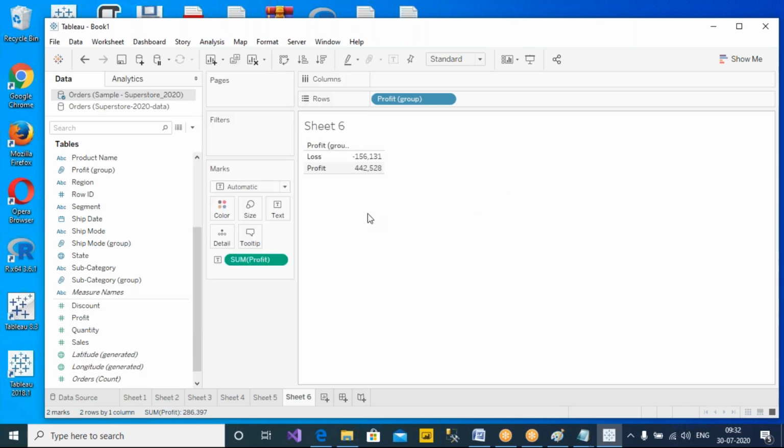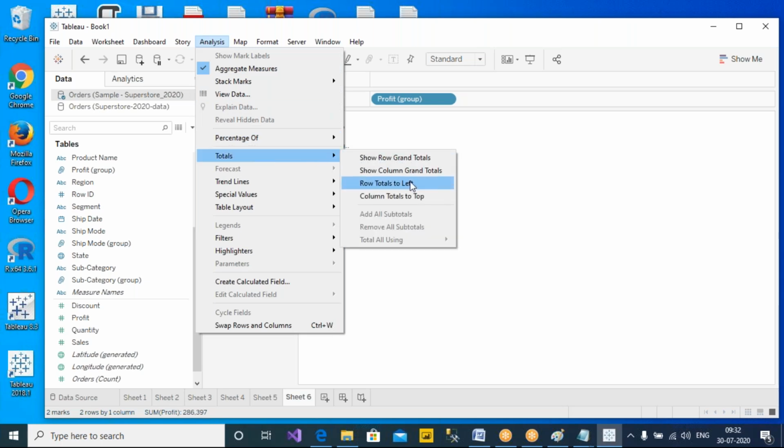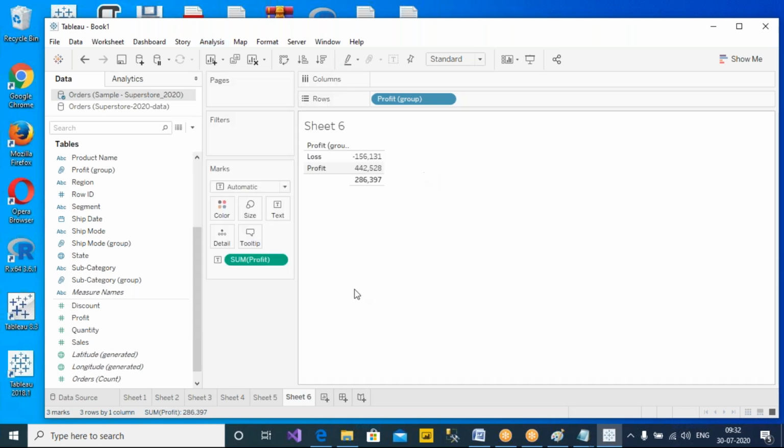The values are one below the other, so I would say this is a column grand total. So say that. What is it doing here? It is just adding these two values, and this is your final total profit.